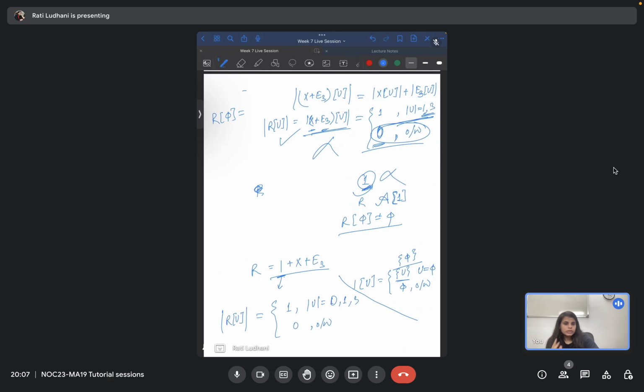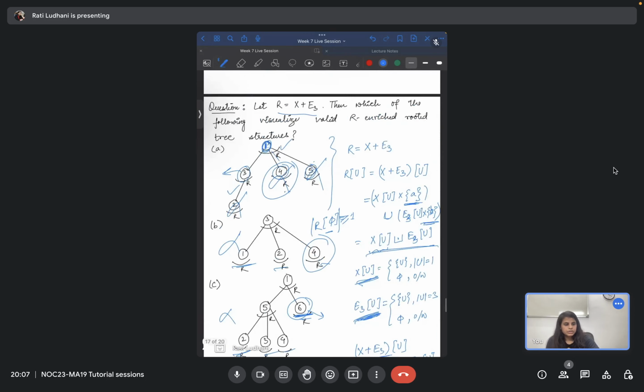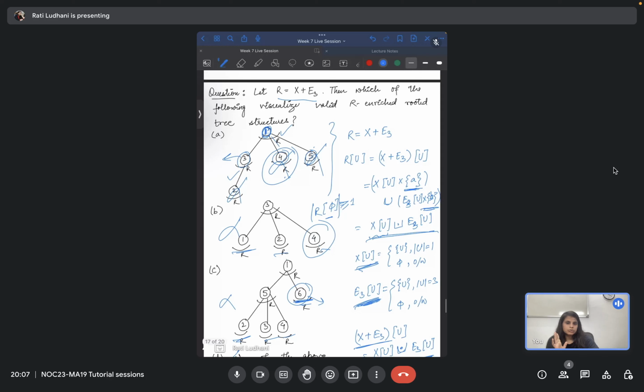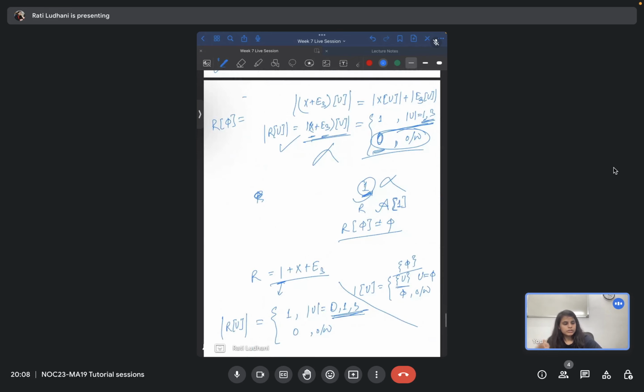So if the number of children is not from 0, 1, 3, then there will be a problem, but otherwise you are okay. So if I add this, then actually all the structures are going to be okay, because 1 has 3 children, that is okay. 3 has 1 child, that is okay. 4 has 0 children, that is okay. 5 has 0 children, that is okay. Because you know that 0, 1, 3 is okay.